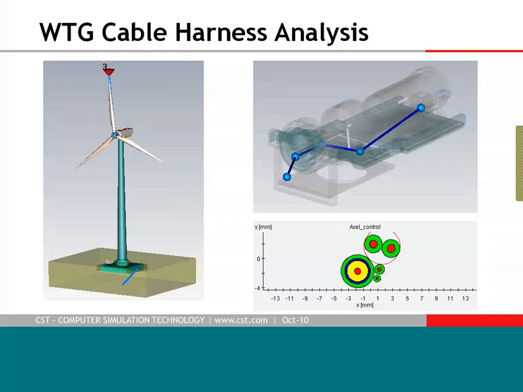Inside this cable harness, I have different cables. In this case, I choose a twisted pair. We provide a library of cables that you can easily extend. Usually red means a conductor, green represents dielectric materials, and the blue one is usually a ground, or in this case, for this coaxial cable, it represents the outer conductor.